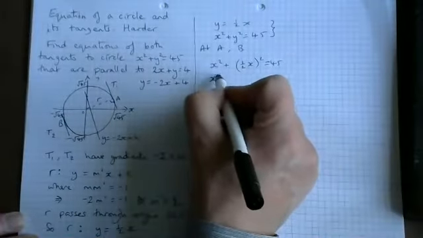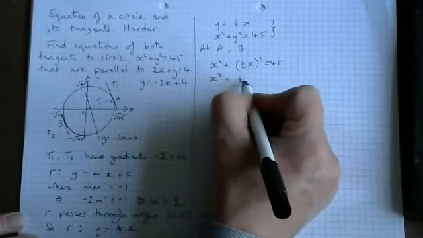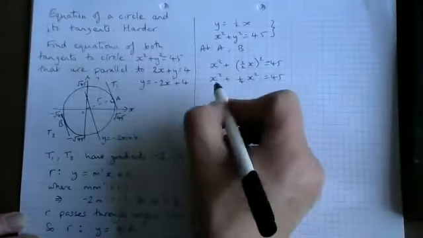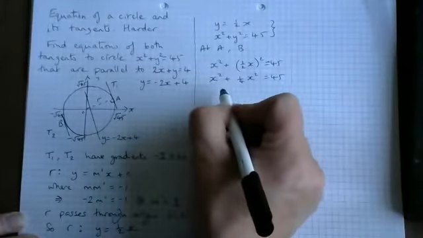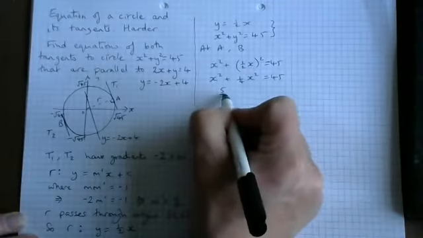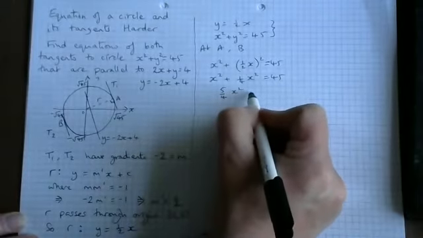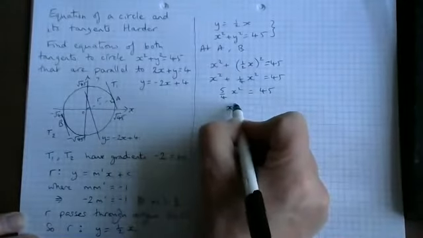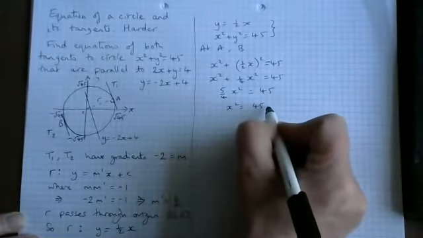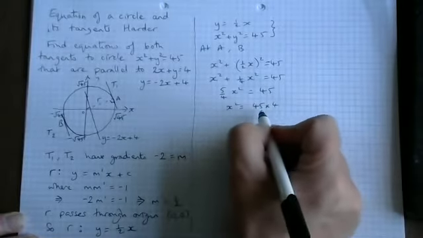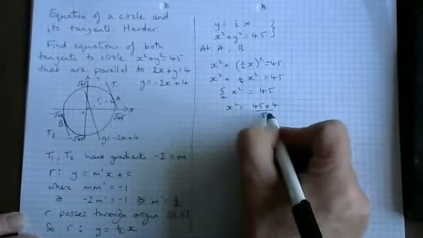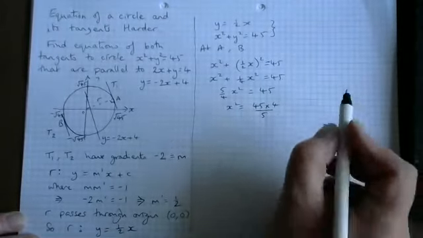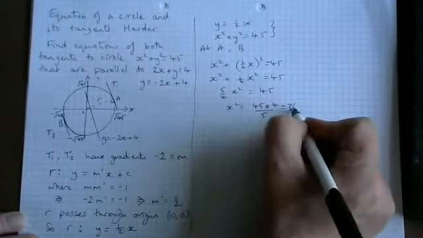That means that x squared plus a quarter x squared equals 45. That's 4 quarters plus 1 quarter, 5 quarters x squared equals 45. Rearrange. X squared equals 45 times 4, divide by 5. 45 over 5 is 9. 9 times 4, 36.